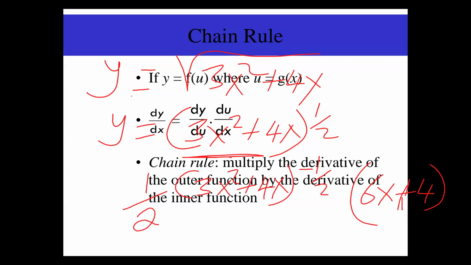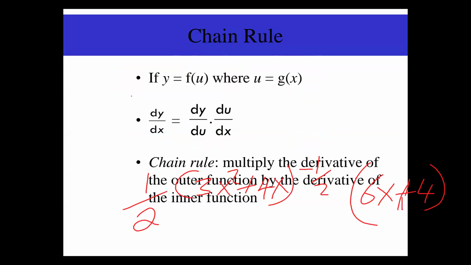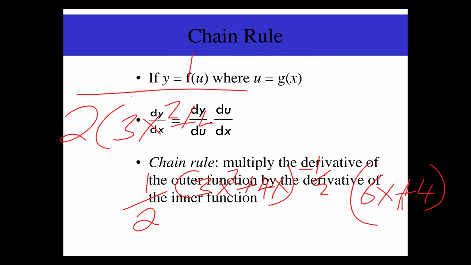And then from here, it becomes very easy. You just need to rewrite. We know that we can rewrite this as 1 over 2 multiplied by 3x squared plus 4x to the power half now, not negative half, because the 1 has gone on top, right?